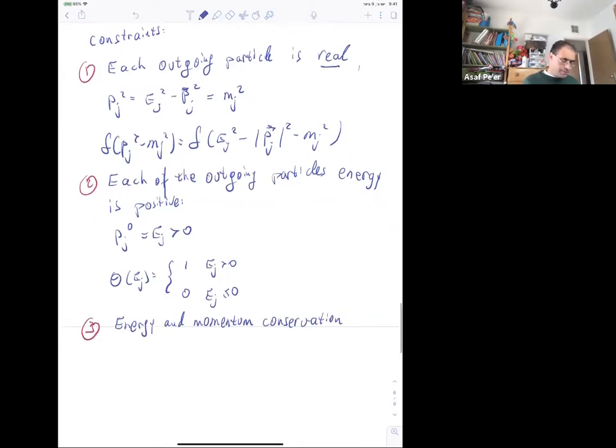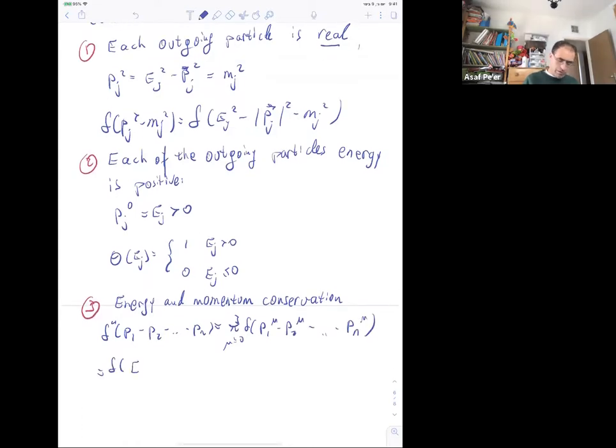So the delta 4 of P1 minus P2 minus ... minus Pn, the product over mu from 0 to 3 of the delta function of P1 mu minus P2 mu minus ... minus Pn mu, which is just delta of E1 minus E2 minus ... minus En times the product over i from 1 to 3 of delta of P1i minus P2i minus ... minus Pni.